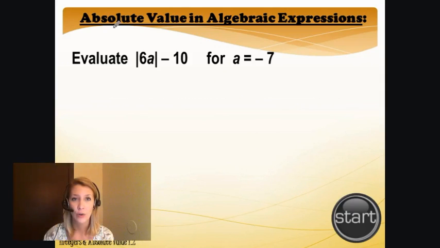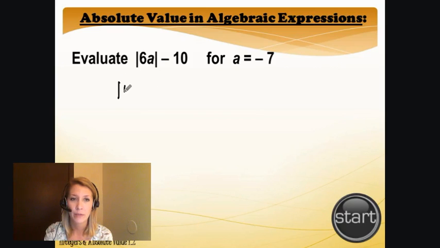We're asked to evaluate this algebraic expression that deals with absolute value. We have the absolute value of 6a minus 10. So we're going to evaluate, or replace the variable a with -7.